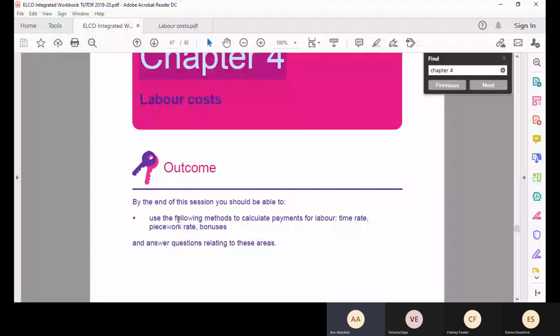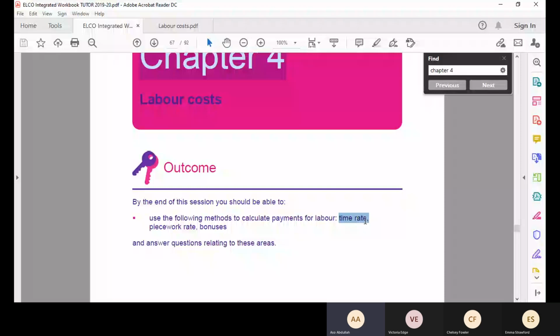We have three important methods, like the methods relating to inventory, such as FIFO, LIFO, AVCO, and for calculating labor cost we also have three methods. Either it is based on time rate, for example, paid on an hourly rate.